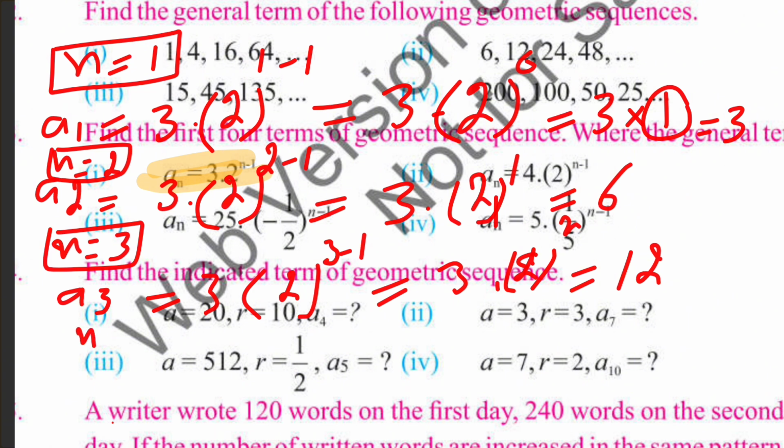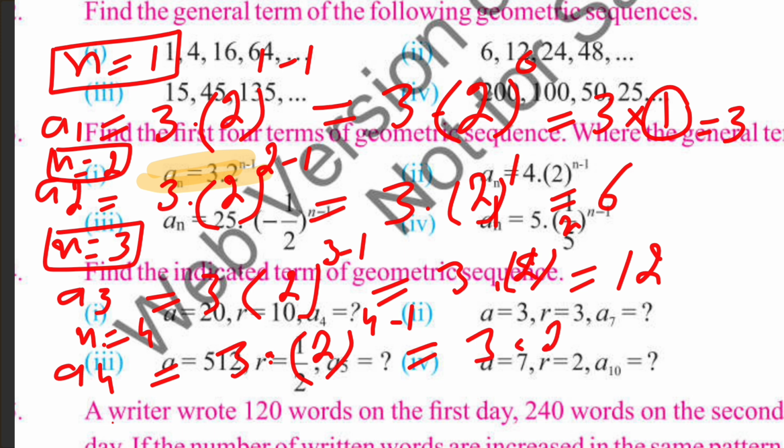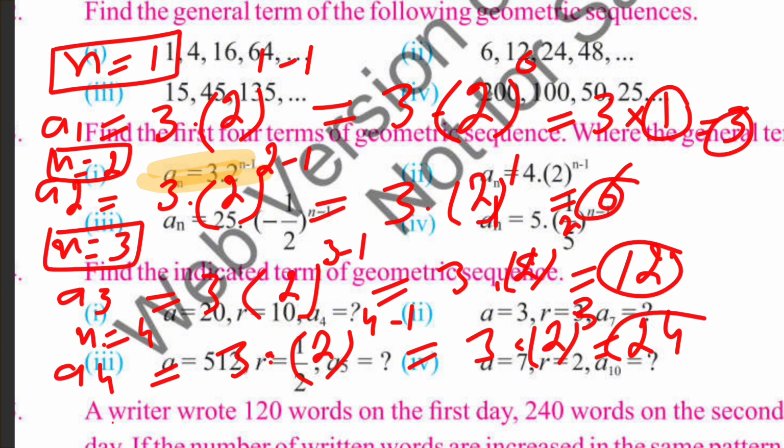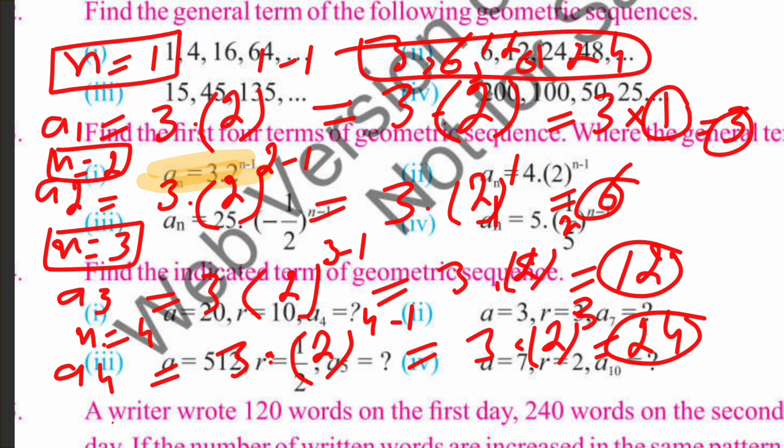Now we put n is equal to 4 and a4 is equal to 3 multiplied by 2 raised to the power 4 minus 1, 3 multiplied by 2 cubed. 2 cubed is 8, 8 multiplied by 3 is 24. The first four terms of the geometric sequence are 3, 6, 12 and 24. It is the answer.